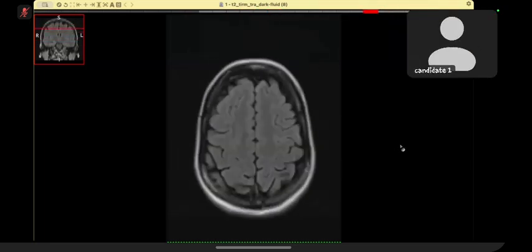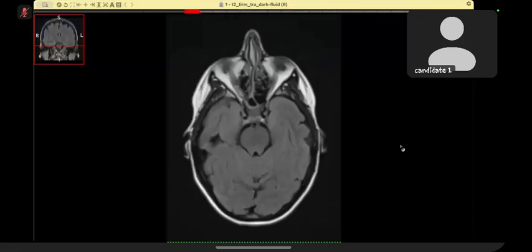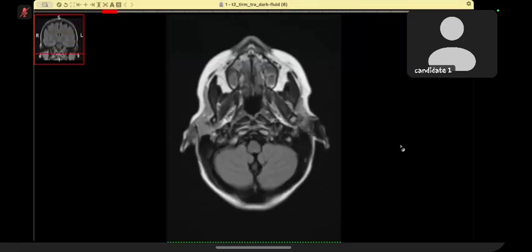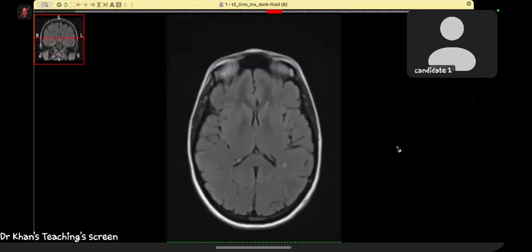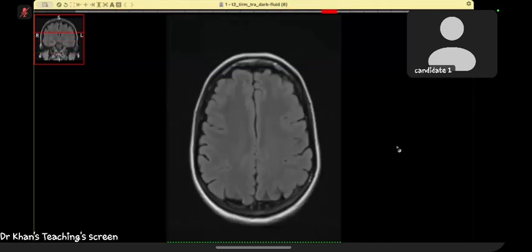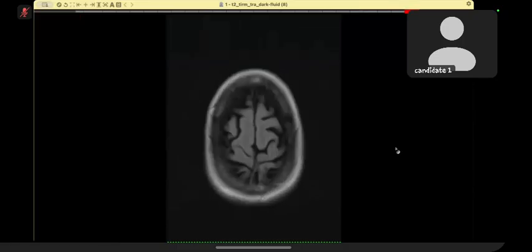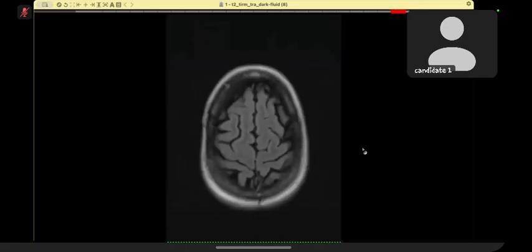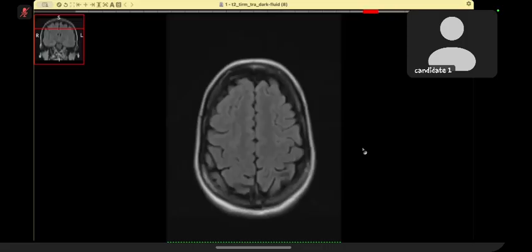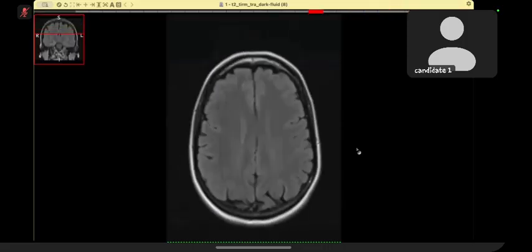So I've been provided with a FLAIR sequence, and I'll just scroll from the caudal to the cranial aspect and focus in the region of interest. So there is no evidence of any high signal intensity in that region, and there is no altered signal intensity seen in the area on a FLAIR sequence.